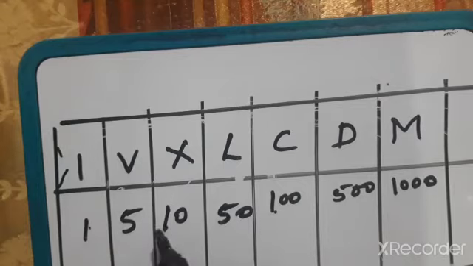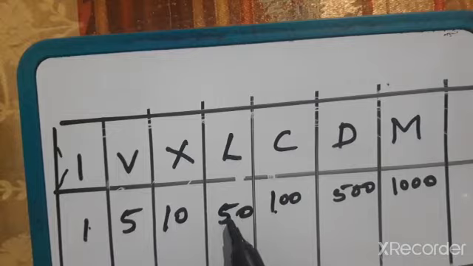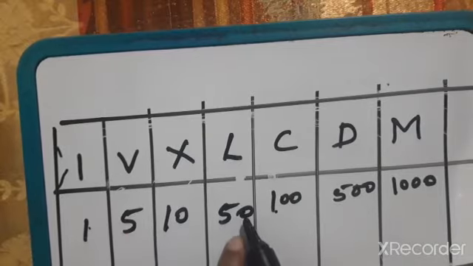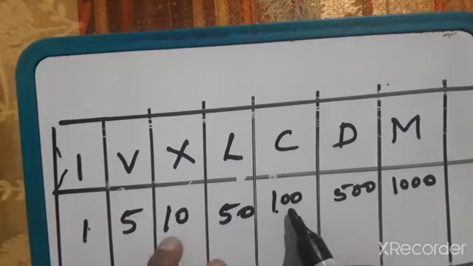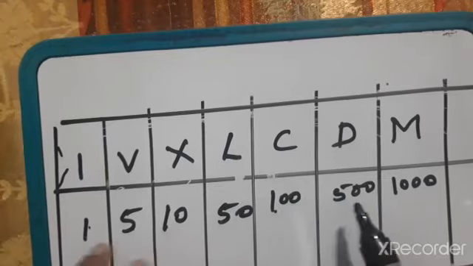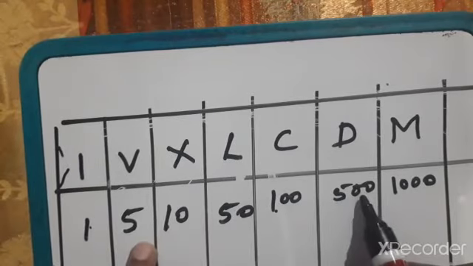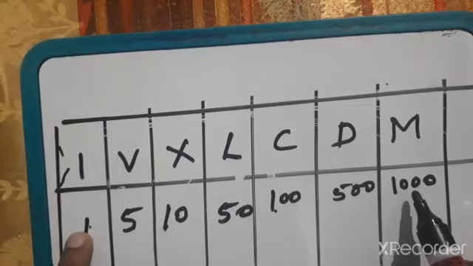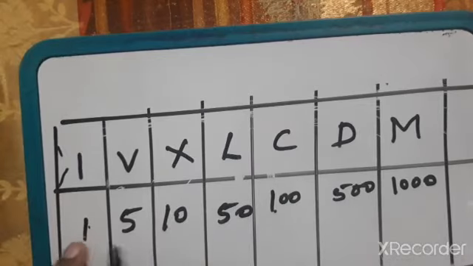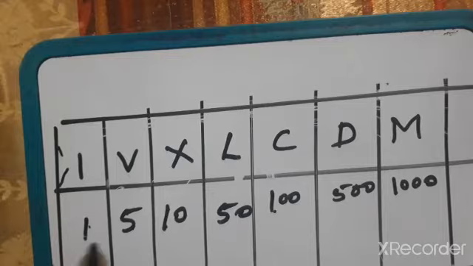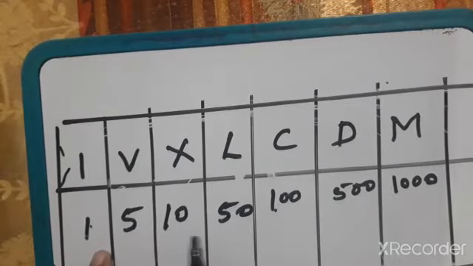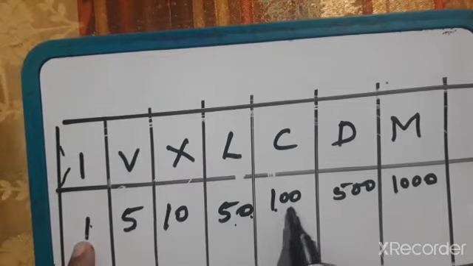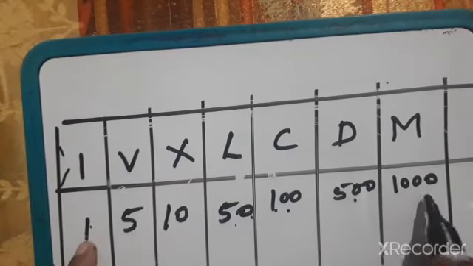Then again 1 is repeating with one 0, and 5 is repeating with one 0, and again 1 is repeating with two 0s, 5 with two 0s, and again 1 with three 0s. The 1 and 5 repeat in each case.